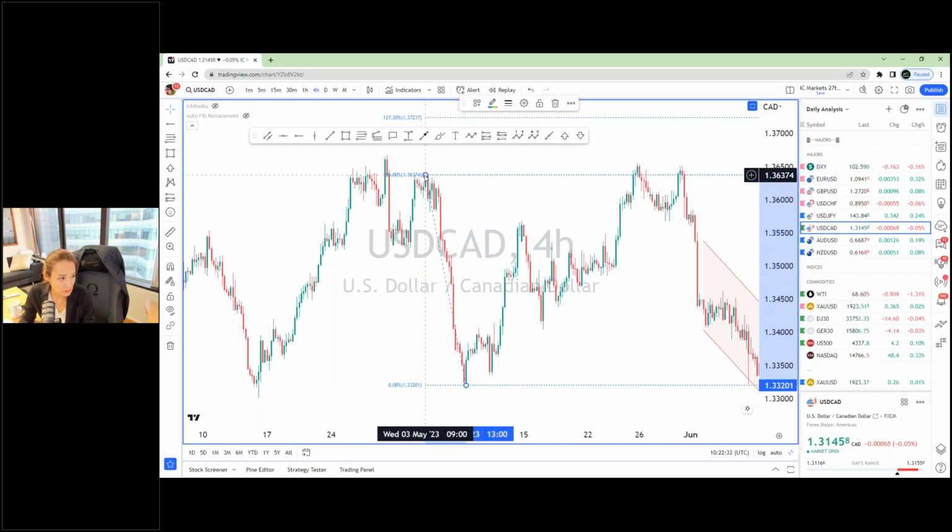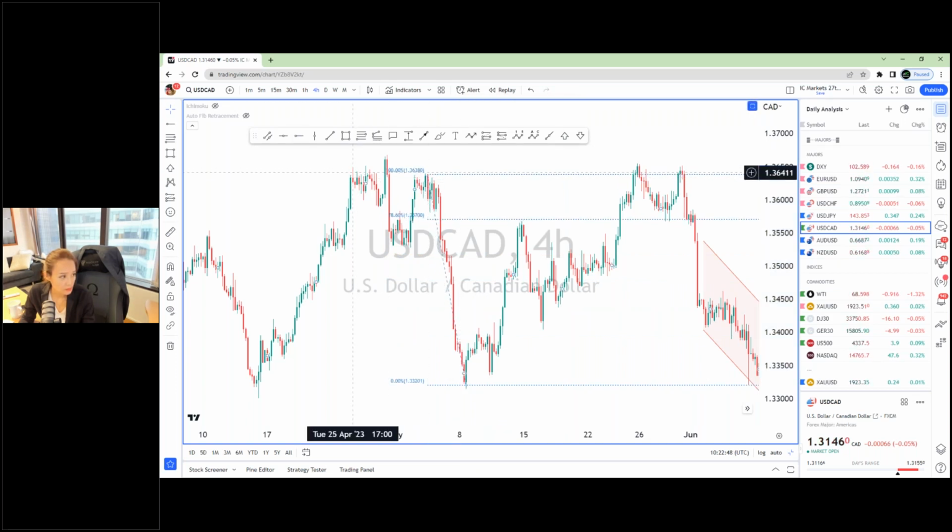If you were to draw like this, this is a 78.6% retracement. Why would you want to wait at 100% here? 100% means this is your resistance. You can wait and then get the sell from here.